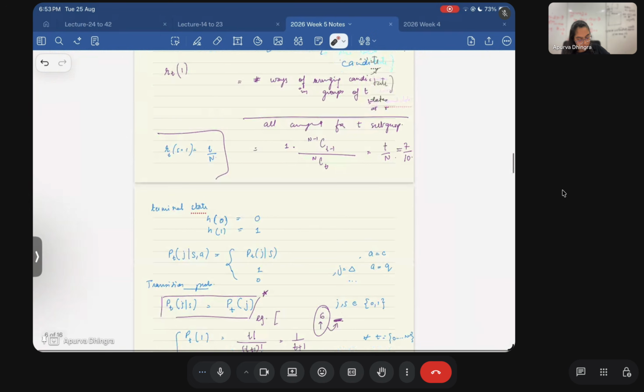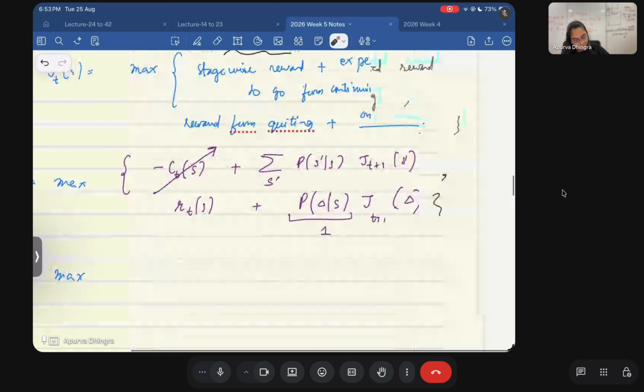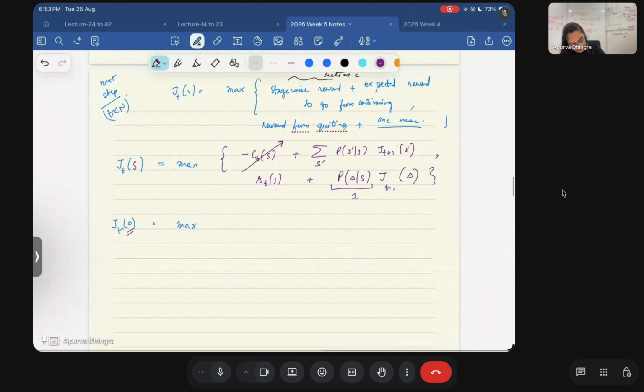So let's write this for state s equal to 0. So s equal to 0 means s dash can take either of the options, right? J t plus 1 of 1 plus p 0 0 J t plus 1 of 0.